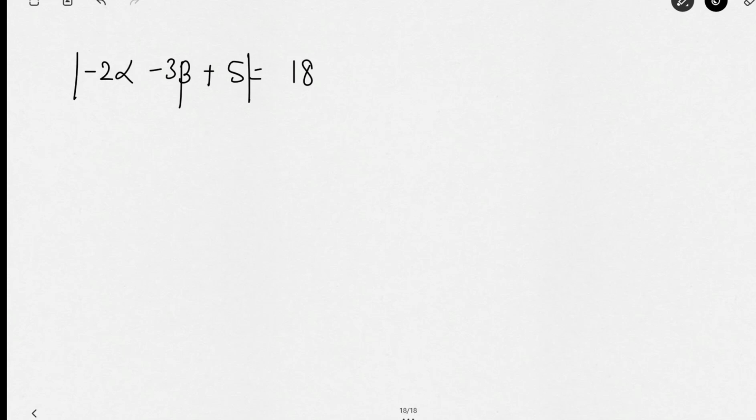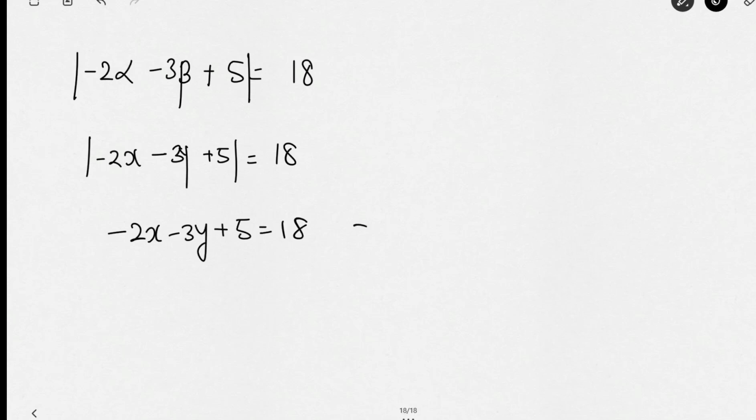So two possibilities there. Just replace with the x and y. Negative 2x minus 3y plus 5 equals 18, or negative 2x minus 3y plus 5 is negative 18.